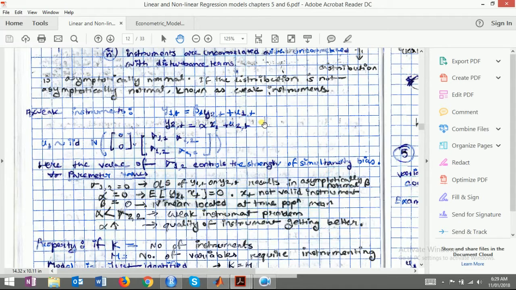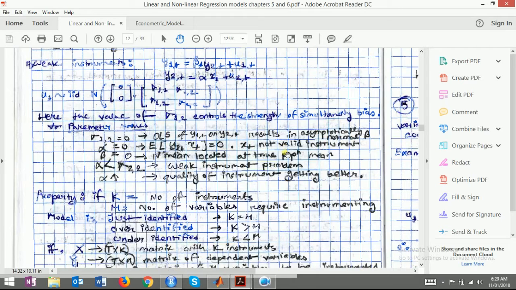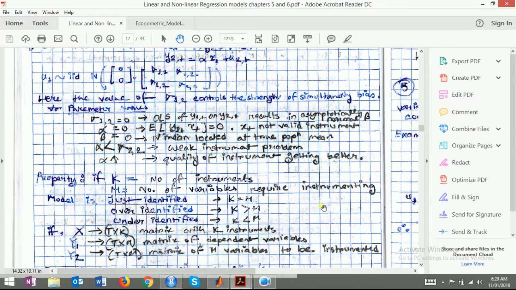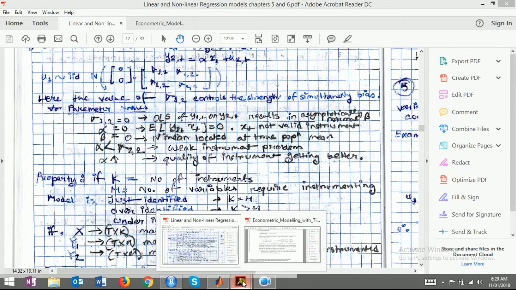Or, to explain it another way, when the value of alpha is small relative to sigma, it's a weak instrument problem. Okay, so that is our instrumental variable problem.